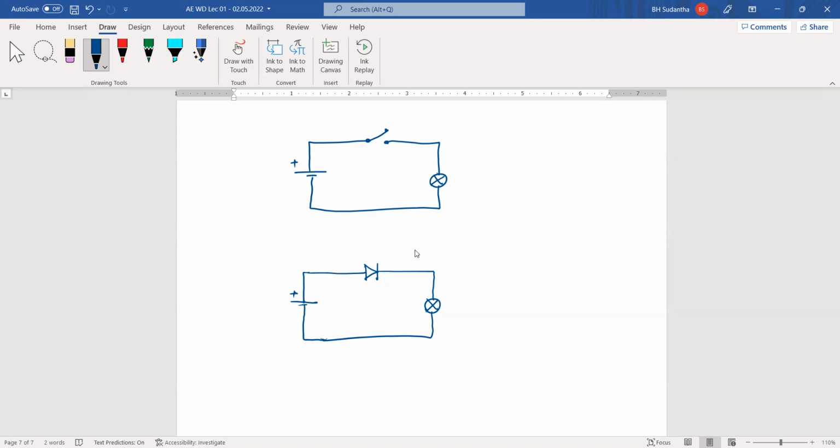Then with this arrangement, current is there, then this bulb can turn on. You can see that through this diode the current is going through, the diode is forward biased.